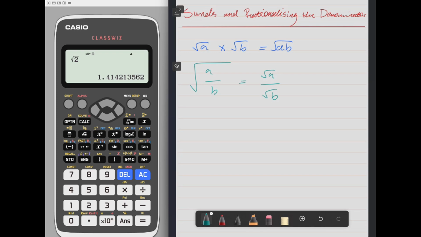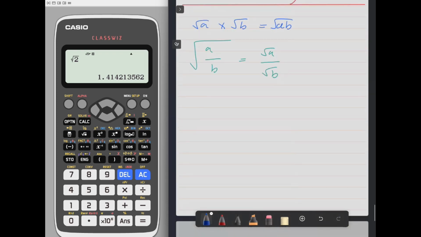And we're just going to do some examples with each other. So I'm going to do exercise 1E, the last part, question 3. The question wants us to simplify root 75 minus root 12 as a root 3, where a is an integer to be found.